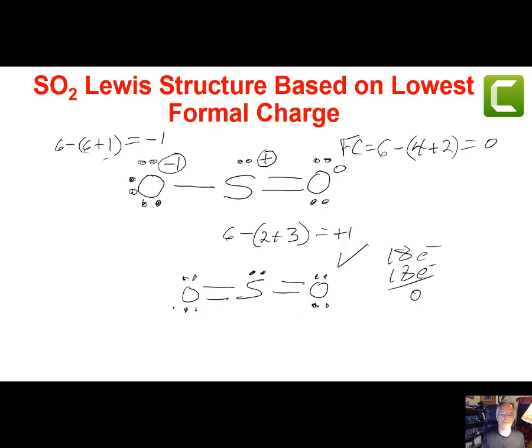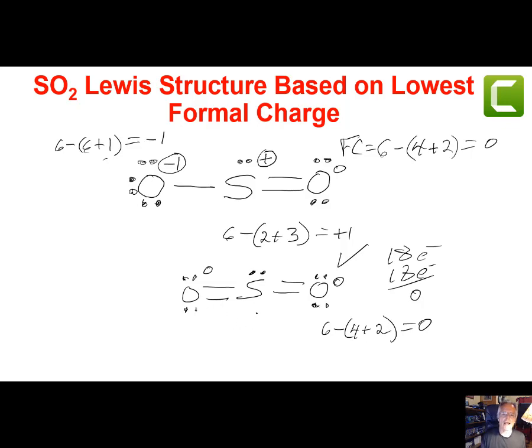Now let's calculate the formal charge on each one of these atoms. I've got 6 valence electrons on this oxygen minus 4 non-bonding electrons plus 2 bonds, or half of 4 bonding electrons, which is 2. That's 4 plus 2 is 6. That gives me a formal charge of 0 over here. This oxygen looks exactly like this oxygen, so we would calculate a formal charge of 0 over here.